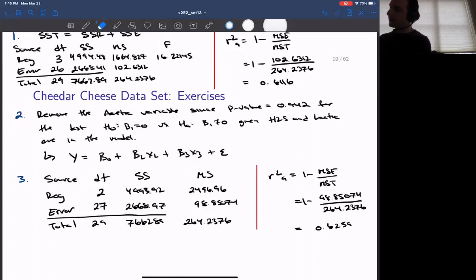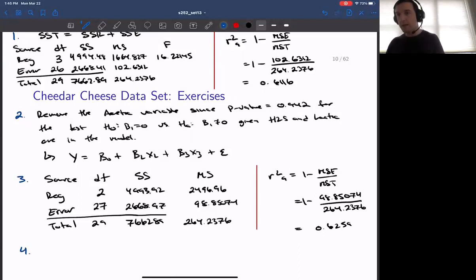Okay, so that implies that the reduced model, by removing a variable, we actually improve our fit. So the adjusted R-squared is higher for the reduced model than it is for the full model, which means that this reduced model is providing a better fit or explains more of the variation in the response than the full model does. So we can gain information by taking the acidic variable out of the problem.